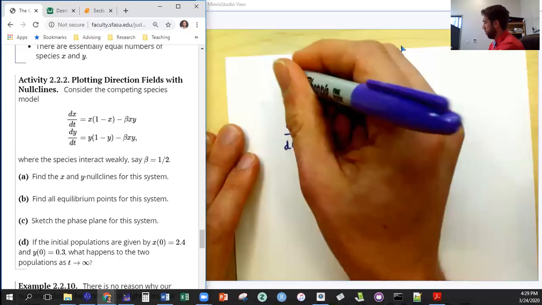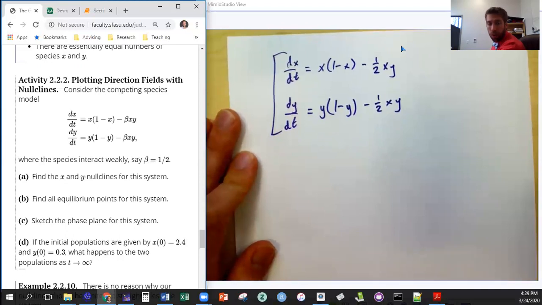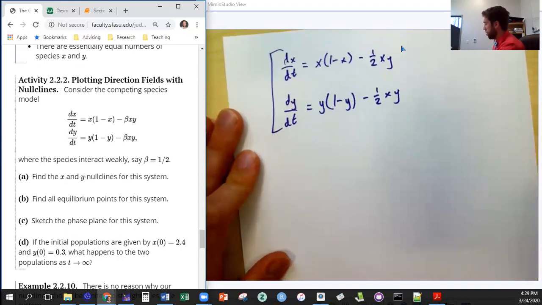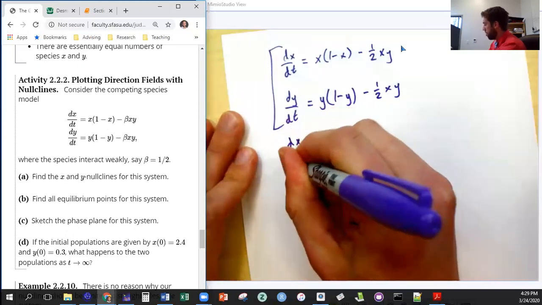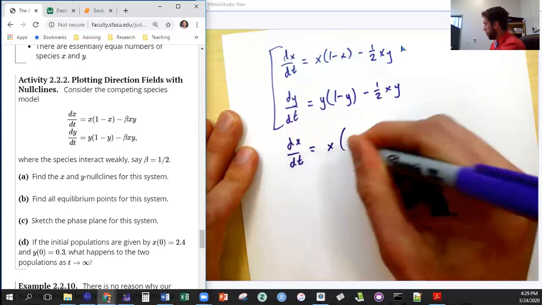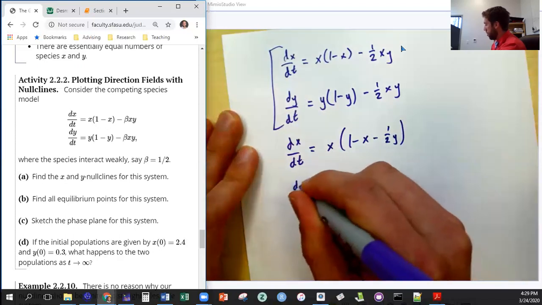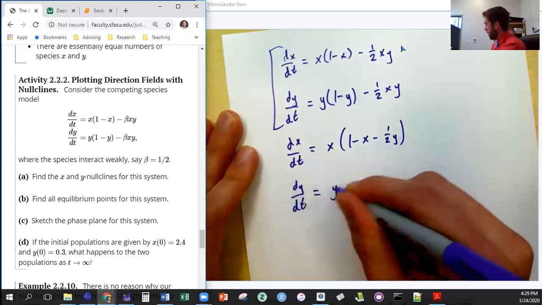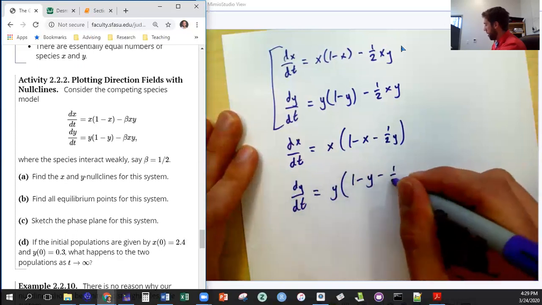So here's the system. Now we want to find the null lines for the system and the equilibrium points for the system. A great way to do that is to find when these things are 0, so factoring them as much as possible will often help. dx/dt equals x times (1 minus x minus 1/2 y), and dy/dt equals y times (1 minus y minus 1/2 x).